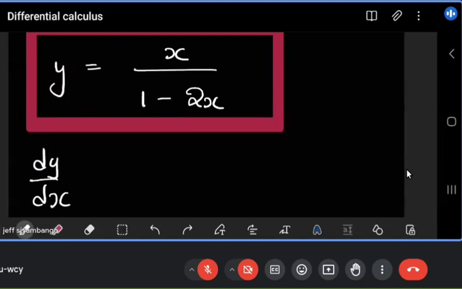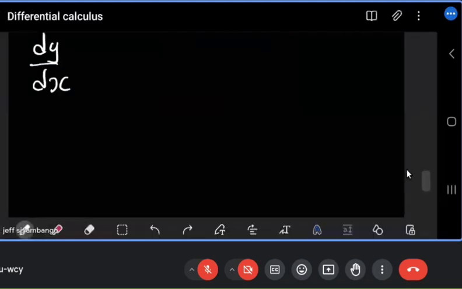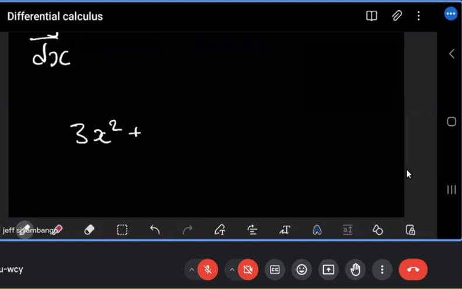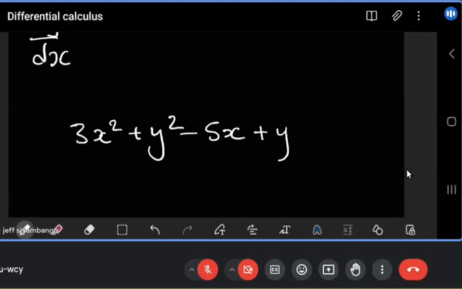But every now and then you will find expressions for which you cannot make y the subject of the formula. You cannot write it explicitly. How do you approach such? Take, for example, something like 3x squared plus y squared minus 5x, and then to just weird it up, you also have a y there, is equal to 2.